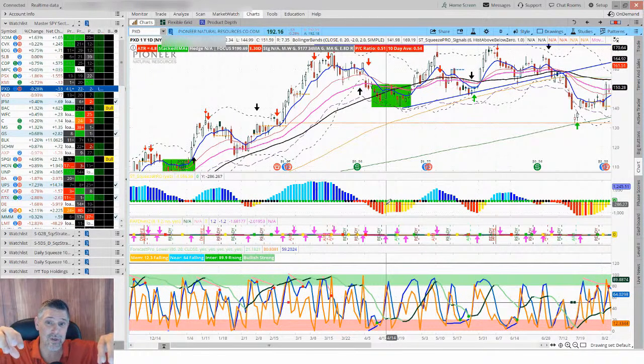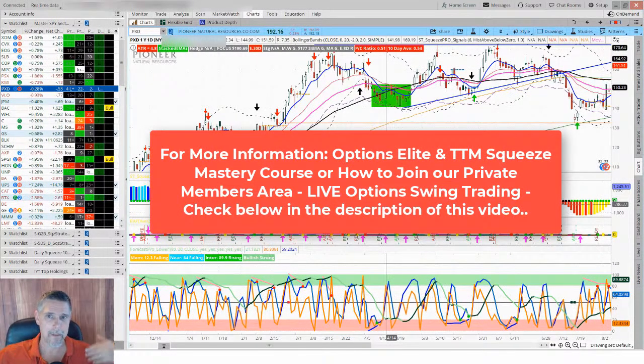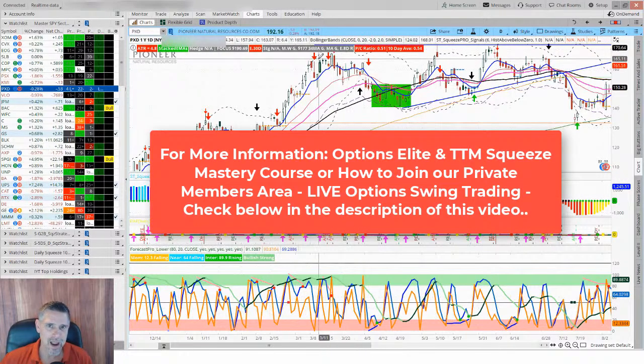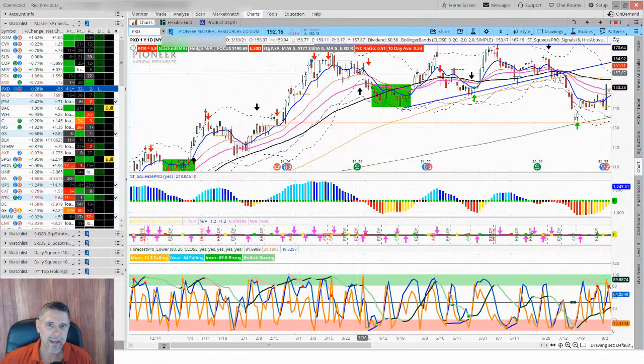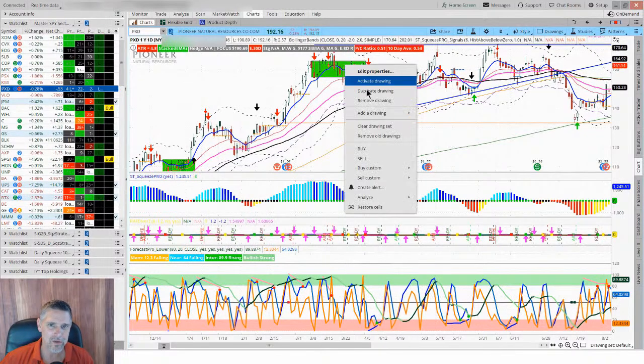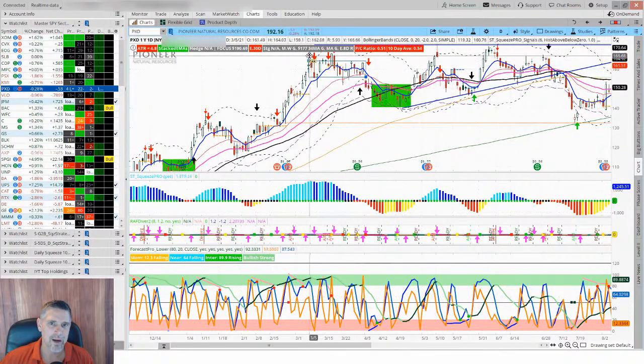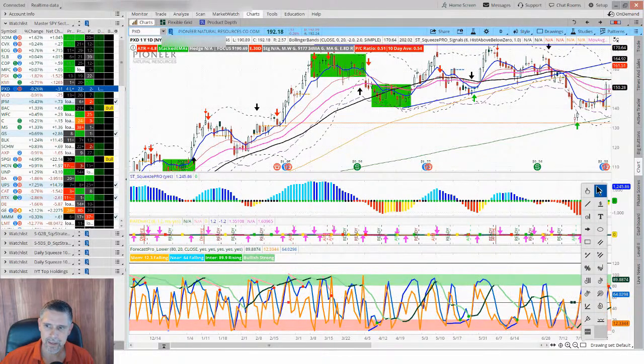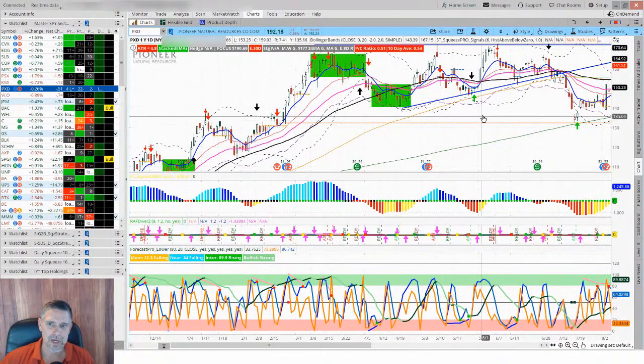Now, I teach my students how I like to draw them, but again, you can either just look at the squeeze and look for the contraction period. So you could have said, hey, here is the contraction zone at its tightest. You could even kind of move this up to right here. Let's say right here.